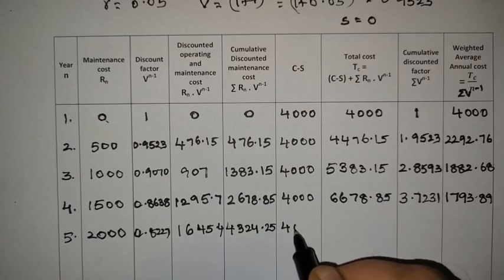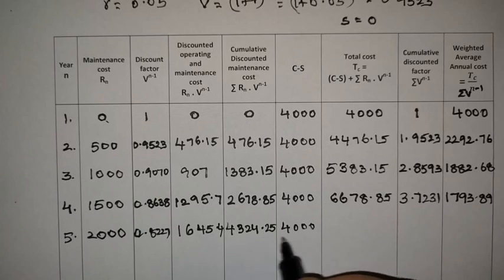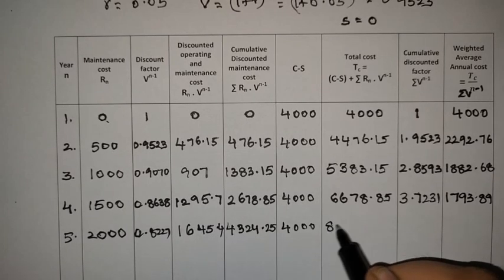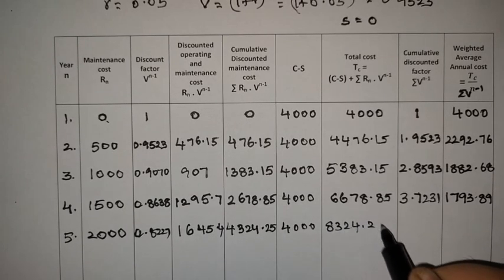C minus S is 4,000. Adding these two, total cost is 8,324.25.